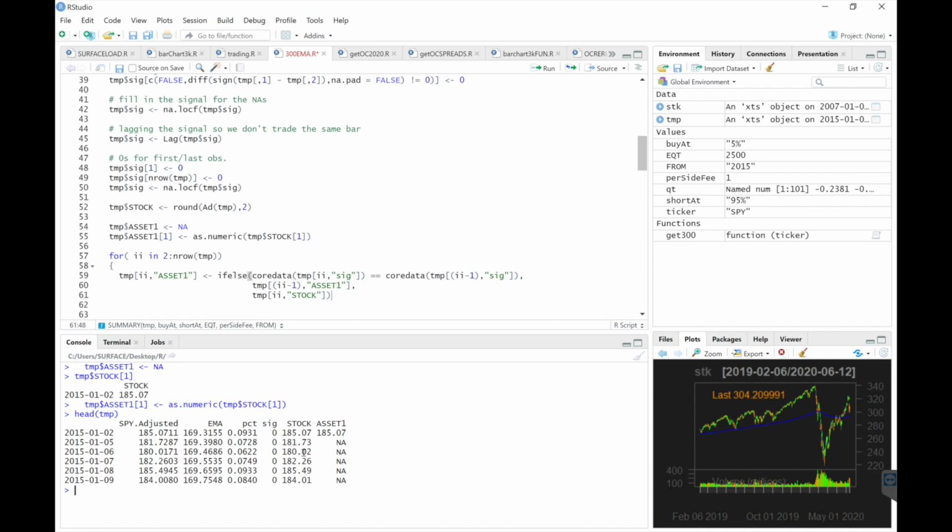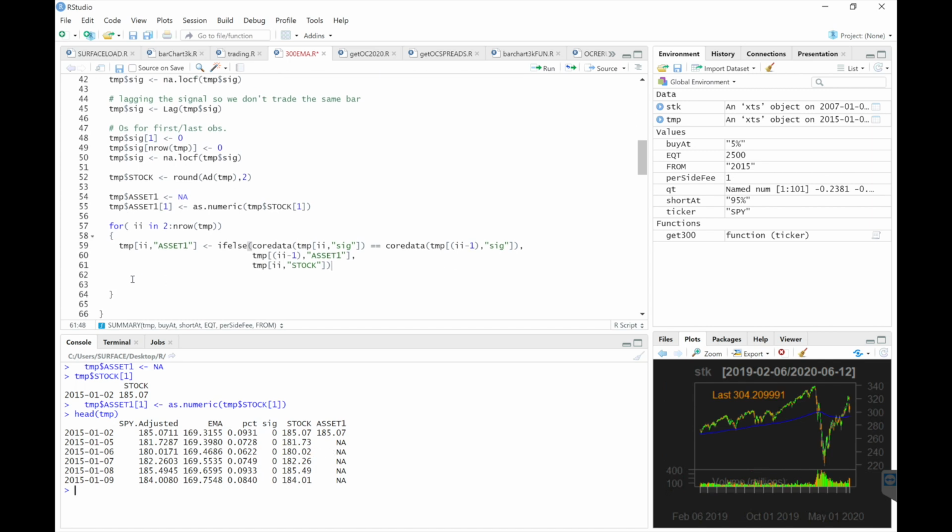Alright, so it's going to iterate through each row and do the calculations.